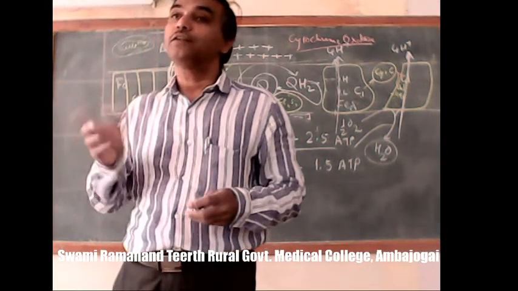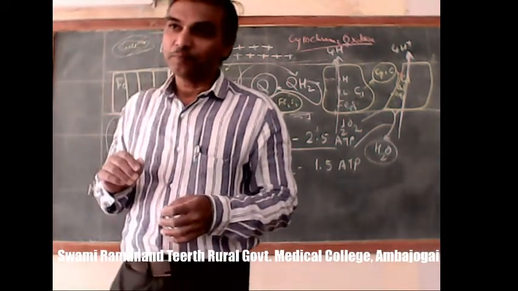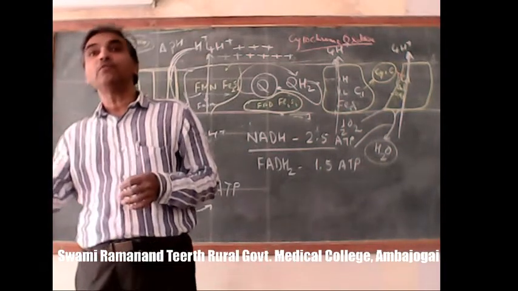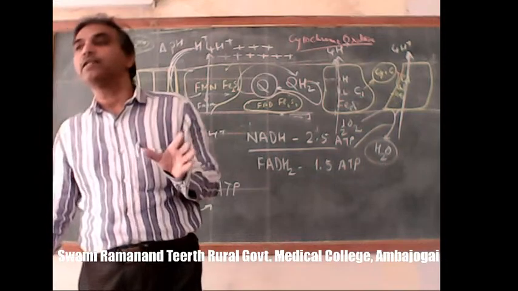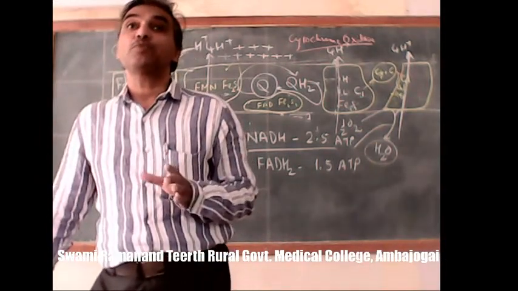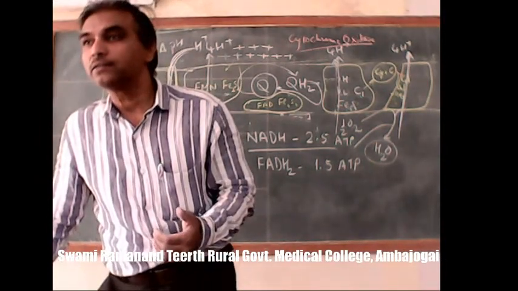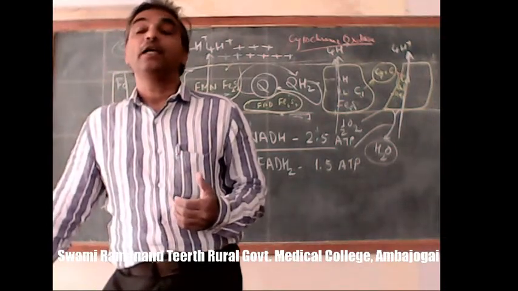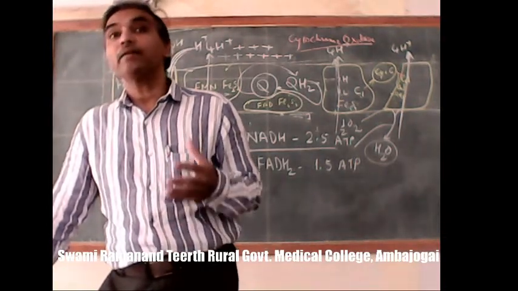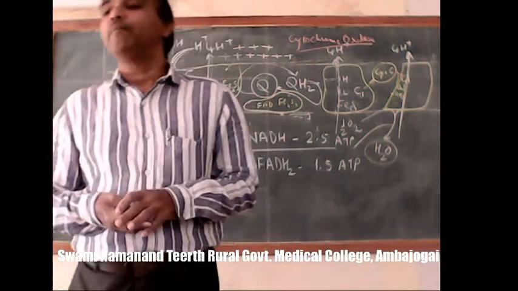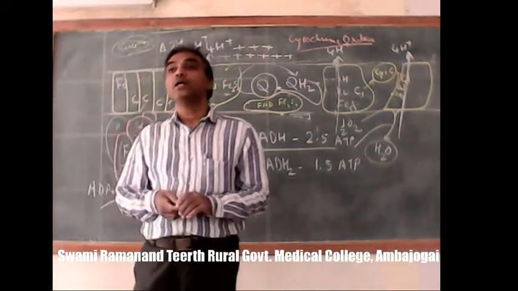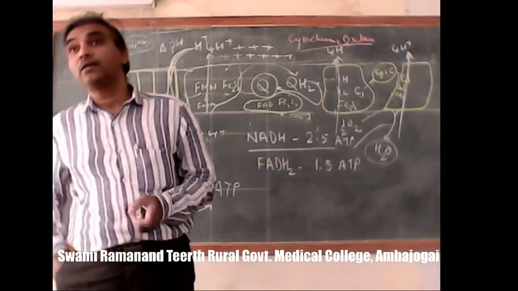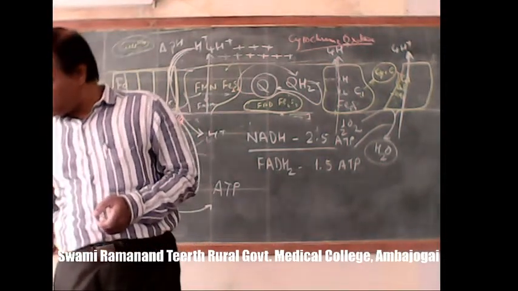So how much is the percentage? 2.5 out of 7. So around 30% is the efficiency of electron transport chain. Remaining energy is dissipated as heat and may be required for the maintenance of body temperature. So this is all about the oxidative phosphorylation process.